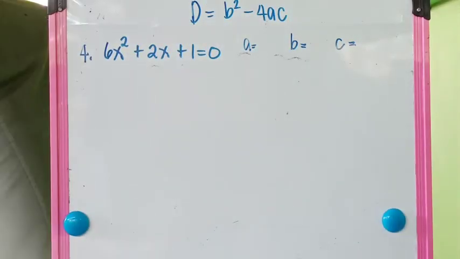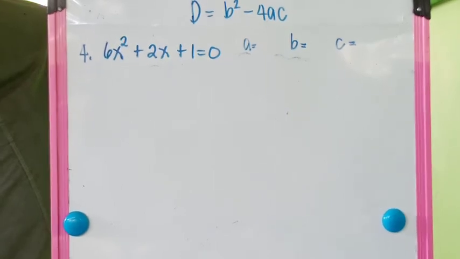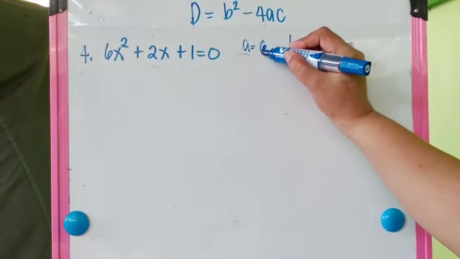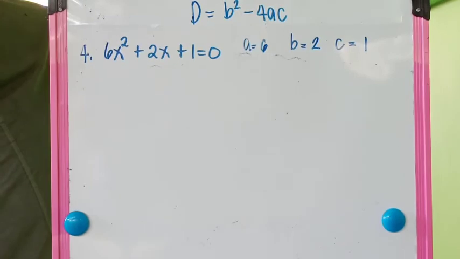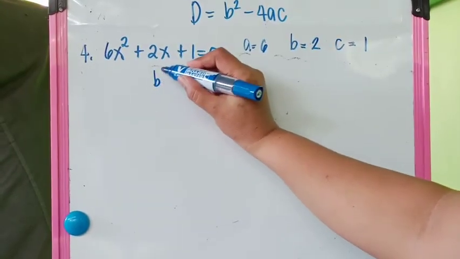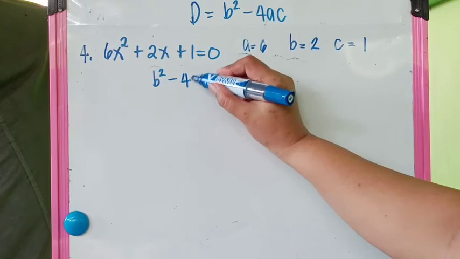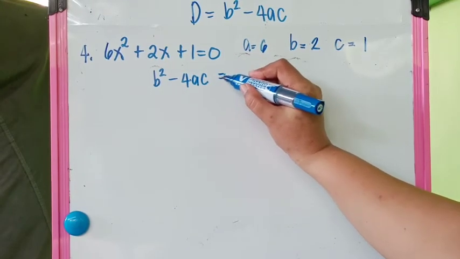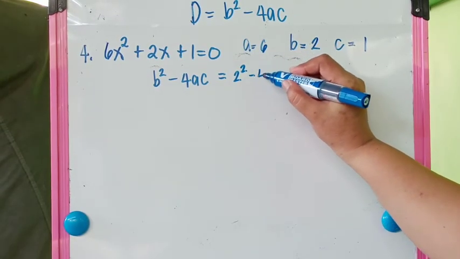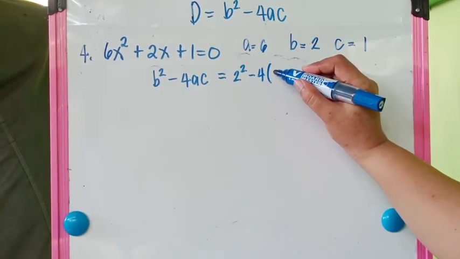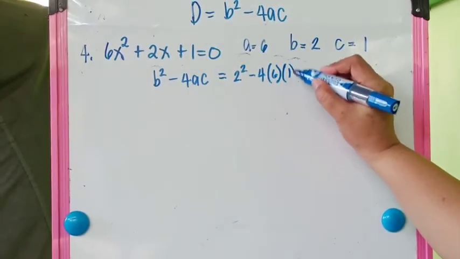For our last equation, we have the equation 6x squared plus 2x plus 1 equal to 0, where a is equal to 6, b is 2, and c is 1. So again, we have b squared minus 4ac. We have now b squared, which is 2 squared, minus 4 multiplied by a, which is 6, then c is 1.